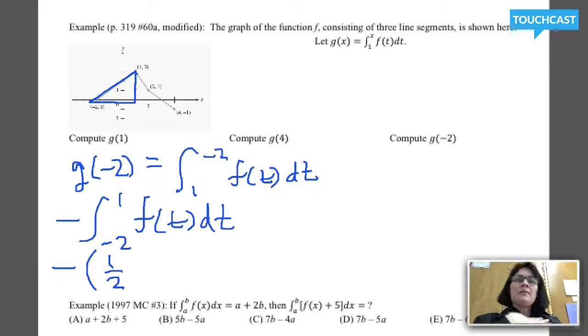The base covers x values from negative 2 to 1. That's a distance of 3. So 1/2 base times height. The height is also 3. So g of negative 2 is the same as the integral from 1 to negative 2 of f of t, which is the same as the opposite of the integral from negative 2 to 1 of f of t, which is equal to negative 9/2.